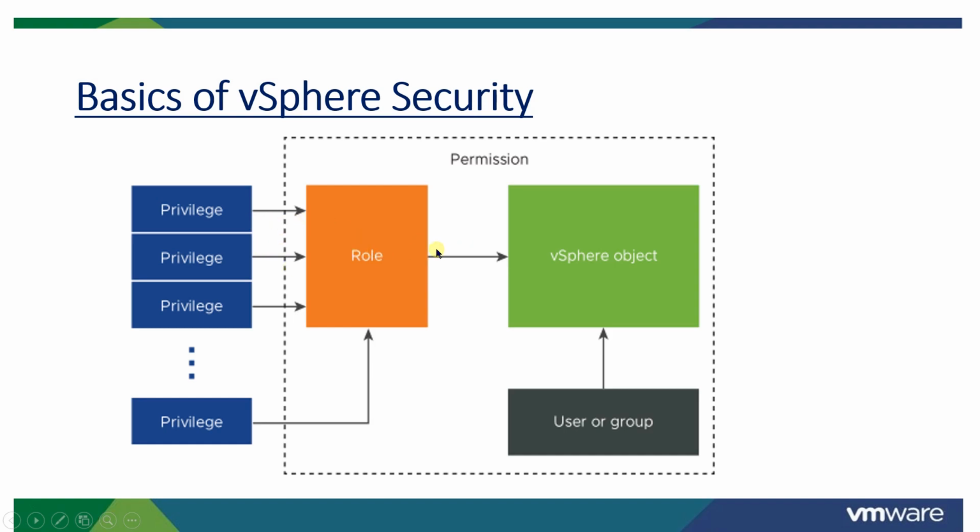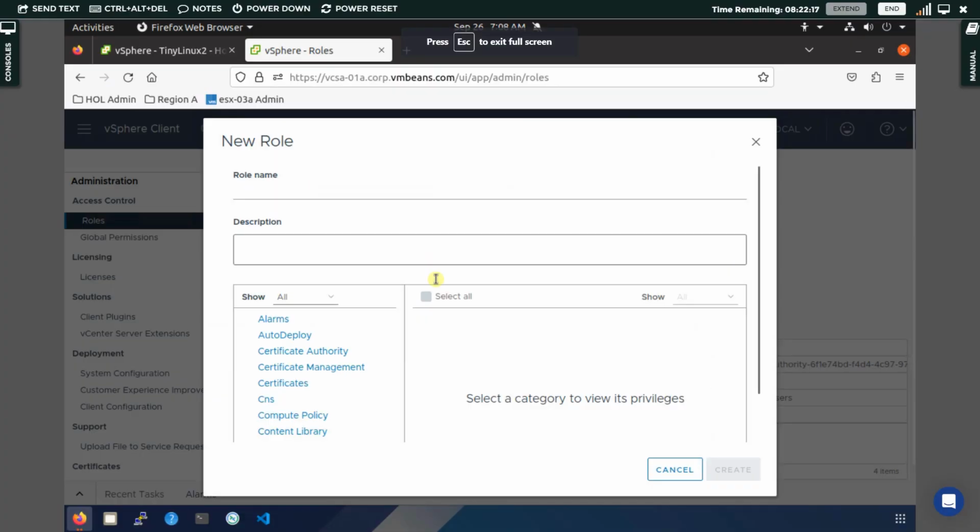Coming to the practical, we are going to define the customized role as per the requirement. Give the name of the role as power on, power off. This role you are going to give to a virtual machine, which is the tiny Linux machine.